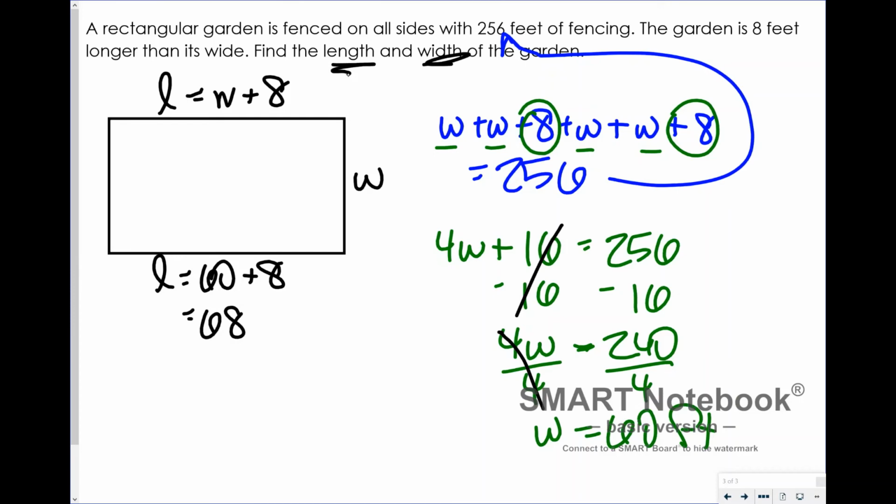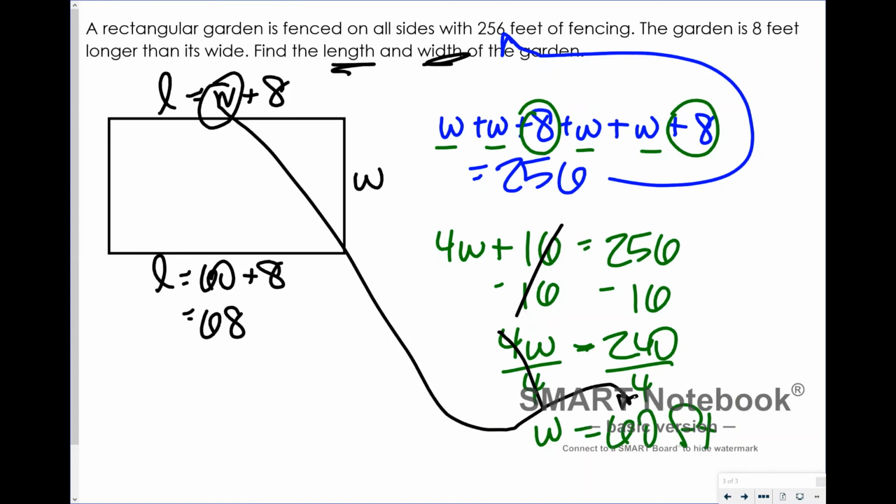So if I come over here, this is our formula of what we did here. So into here, our W, which is what? Our W is 60. So I need to plug that in where W is, our variable. So you have length L equals 60 plus 8.